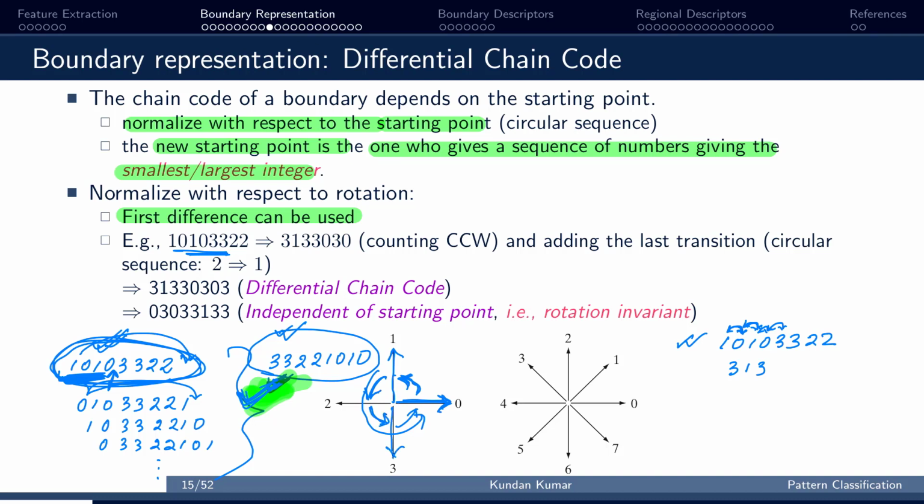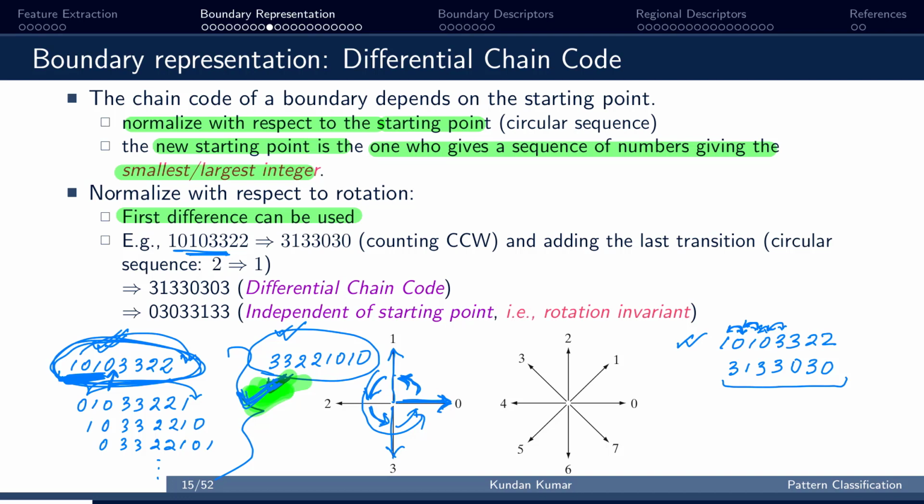So in the third step we reach 3. So this is 3, and we can write the first differential chain code.